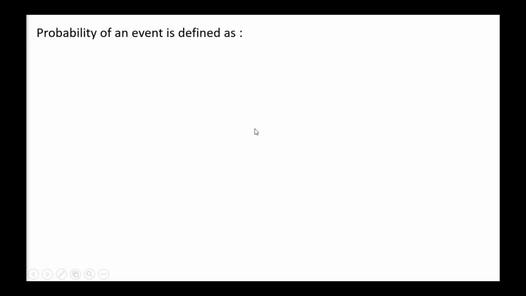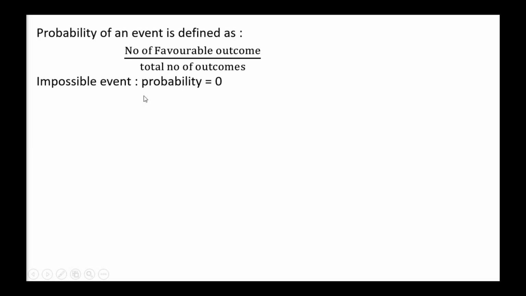Now moving ahead, we'll define what is the probability of an event. So the probability of an event is defined as the ratio of the number of favorable outcomes divided by the total number of outcomes of any experiment.